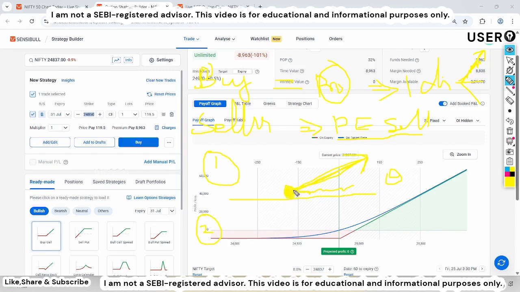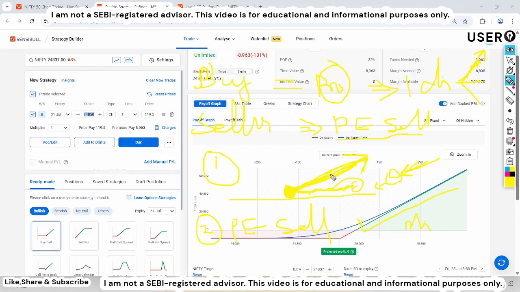For an example, the option seller took the same position here. Then if the market goes up, that is PE sell, you consider it, he will be in a profit. If the market goes sideways, he will be in a minimum profit, because whatever theta decay the option buyer is losing, that is earned by the option seller in a sideways market, or any market I can say.